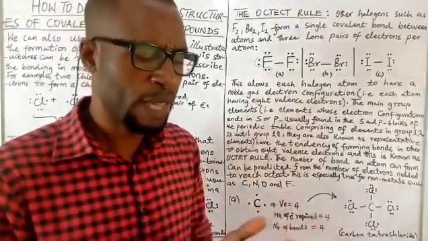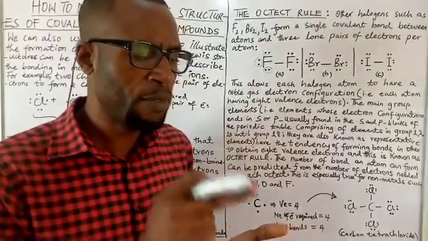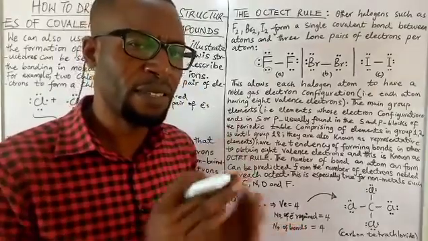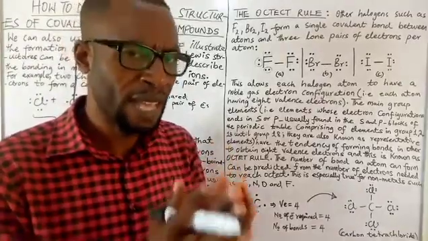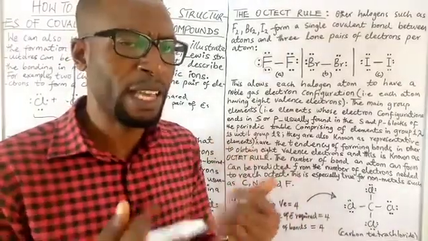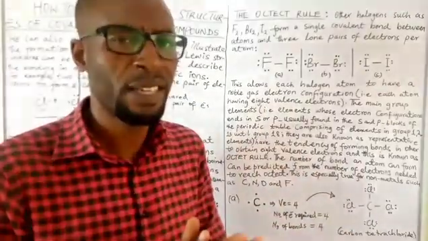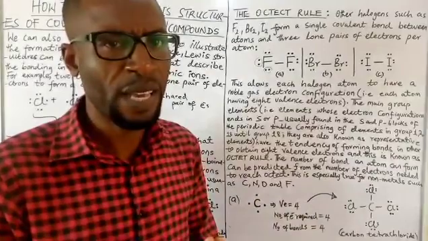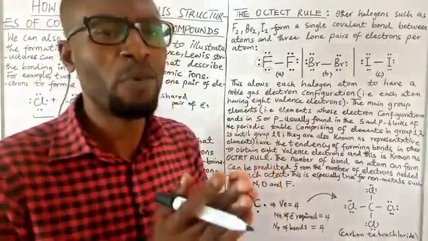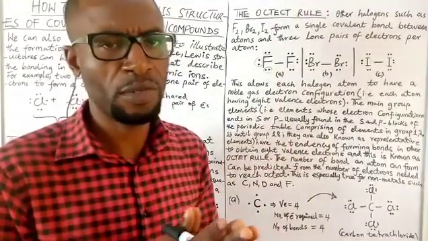Suffice it to also say that elements in group 14, 15, 16, and 17 are usually non-metals. Hence, they will gain electrons, usually from the metals in a redox reaction, in order to acquire their octets. Okay? And again, we can use Lewis structures to depict all of this.